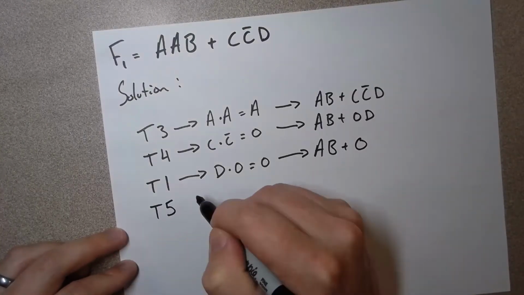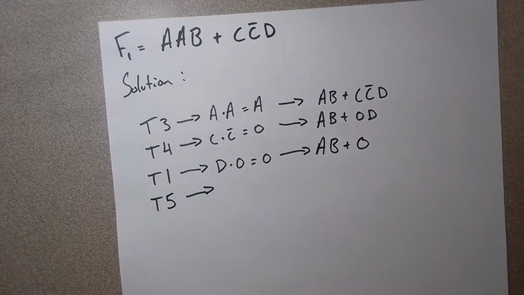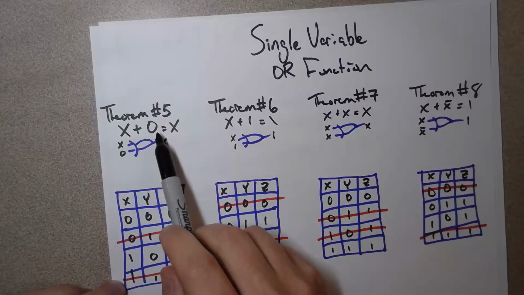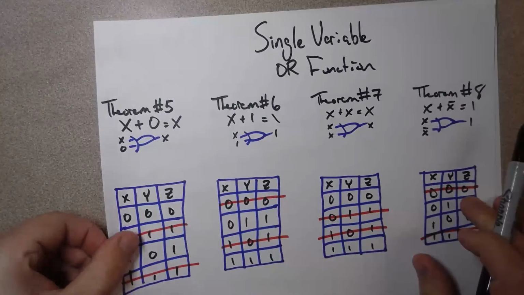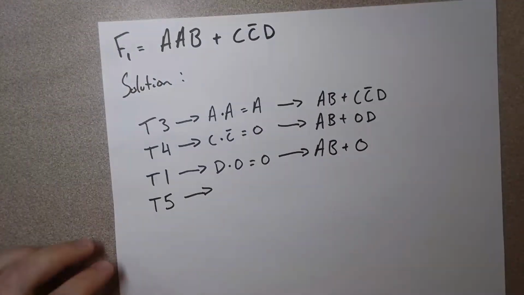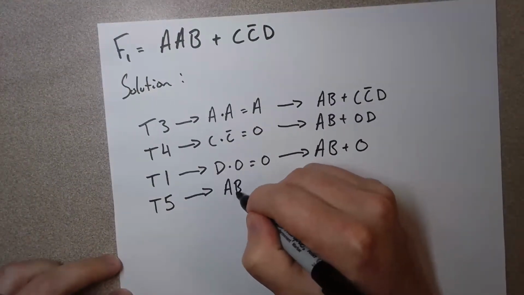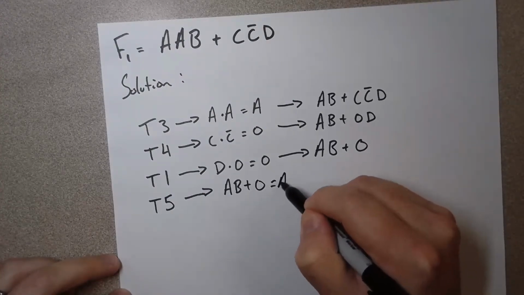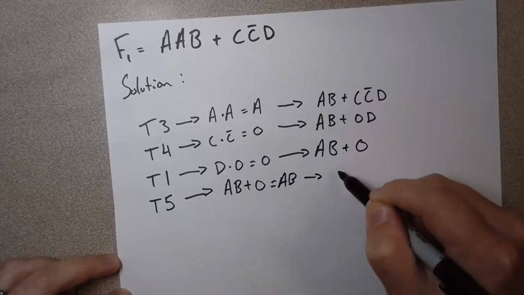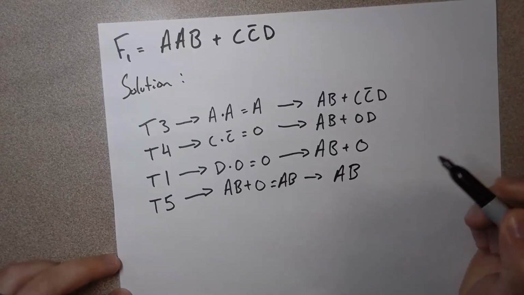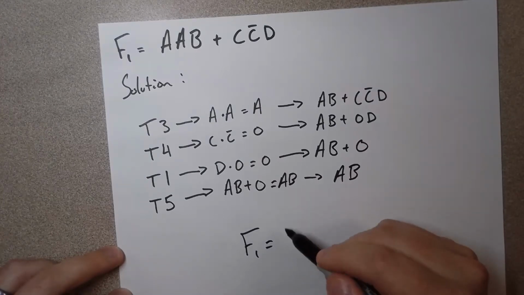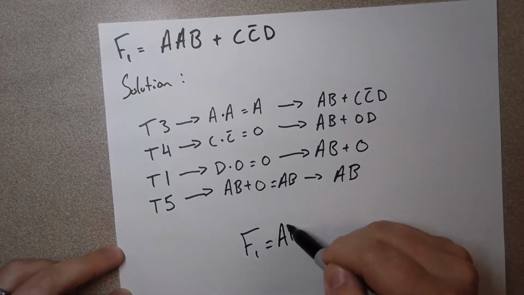Looking at theorem number 5 here, x or 0 is equal to x. So we can use that here, which means A, B, or 0 is going to be equal to AB, which leaves us with just AB. We can't simplify that anymore, which gives us F1 is equal to AB.